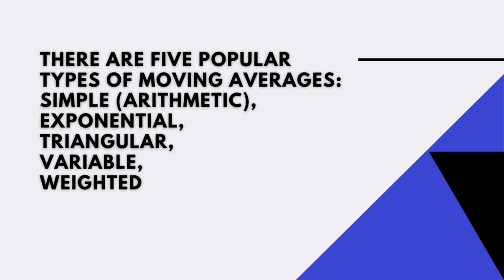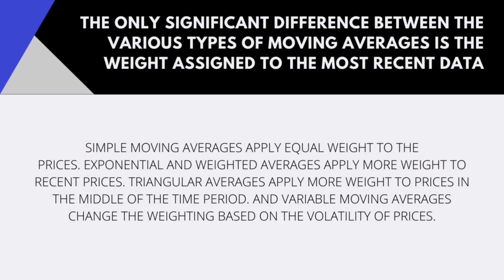Moving averages can be calculated on any data series, including a stock's open, high, low, close, volume, or another indicator. A moving average of another moving average is also common. The only significant difference between the various types of moving averages is the weight assigned to the most recent data.